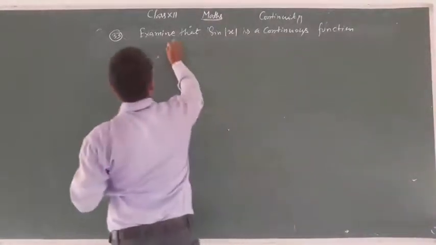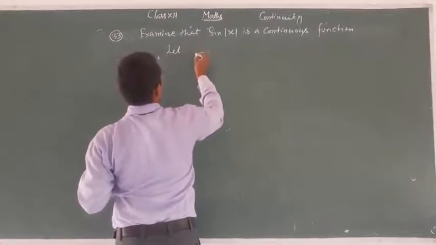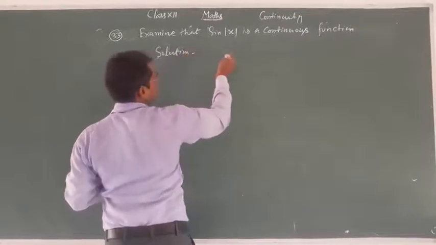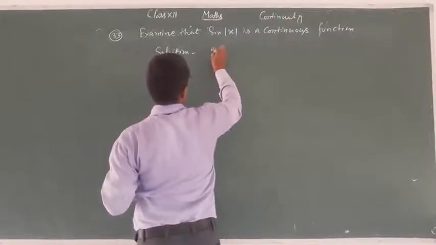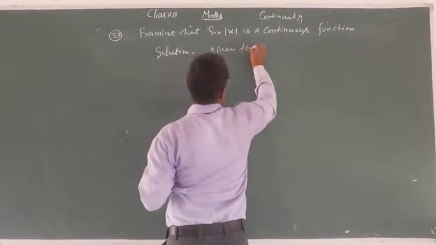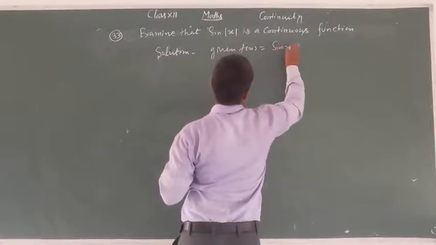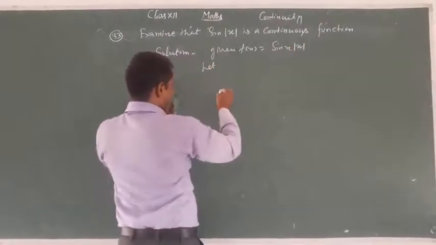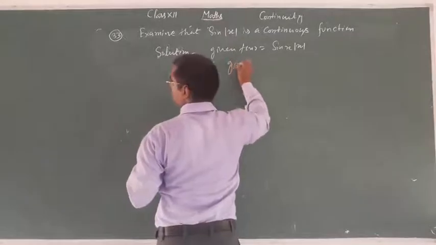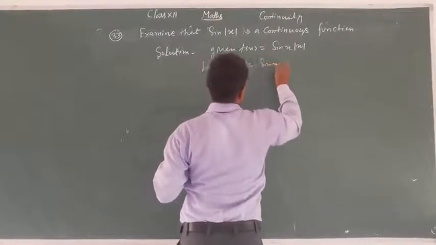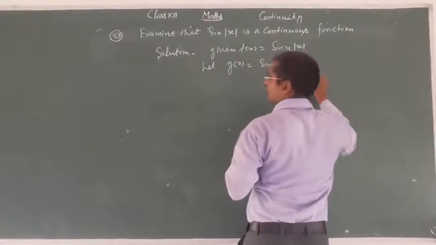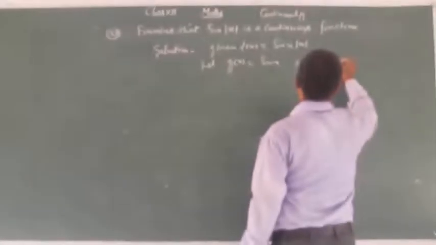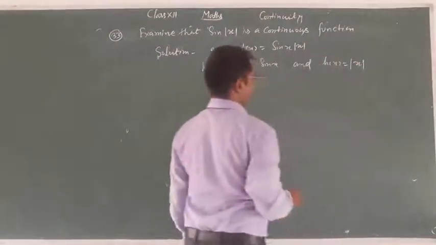Let us look at the solution of this question. Given function f(x) is equal to sin|x|, and let g(x) is equal to sin x, and also h(x) is equal to |x|.